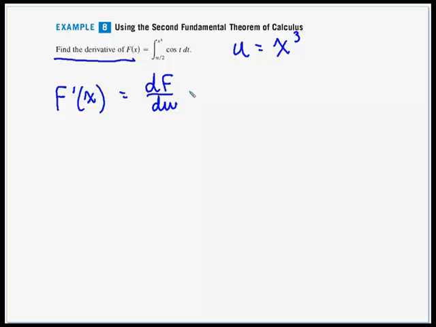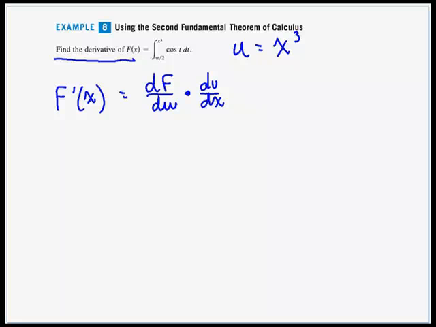When we did chain rule, we thought about our inner function as u. We let u equal the inner function, and then we had the derivative of that, du. So here our u value is going to be x to the third. And now let's work with the notation. We want to find the derivative of capital F of x, so we're looking for F prime of x. And that's equal to dF du times du dx.